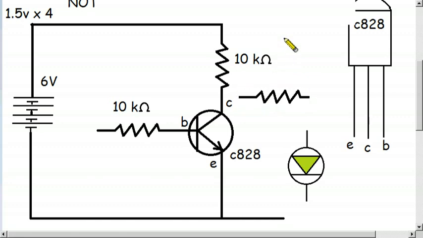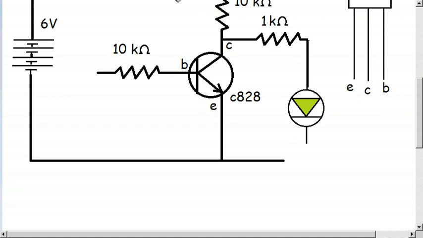You have to connect it to the collector of the transistor, and here the end of the 1 kilo ohm resistor. This one is a 1 kilo ohm resistor. To protect this diode, we use this resistor, and you have to connect it to the negative line like this.